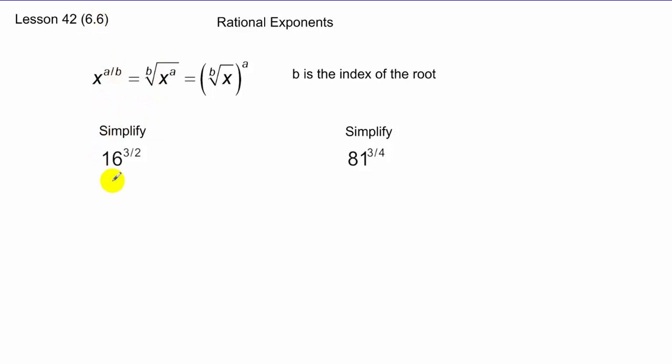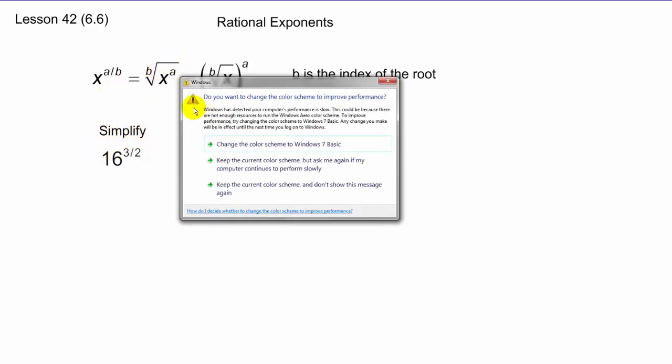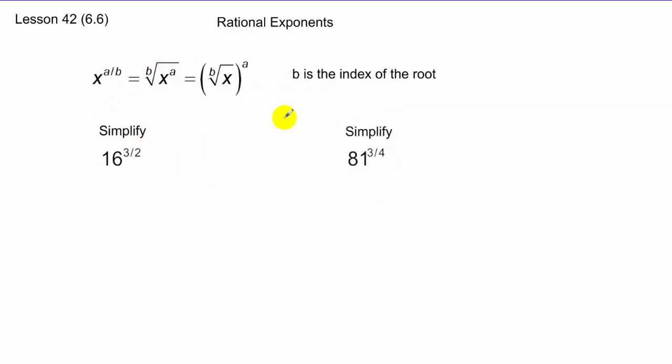So what I'm going to do, since I can't really recognize the value of 16 to the 3/2 power, I'm going to change its form to this guy right here.